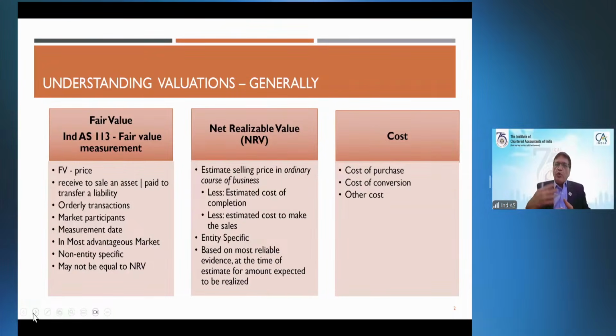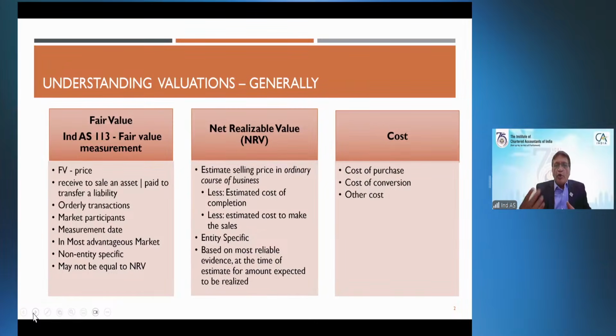But when I go to fair value evaluation, I'll have to evaluate where all I can sell, and whatever is the most advantageous market, there I'll sell. So it is my entity specific market where I sell. So basically, NRV would mean the selling price in ordinary course of business less estimated cost of completion and estimated cost to make the sales.